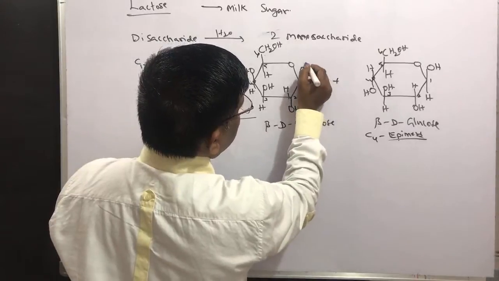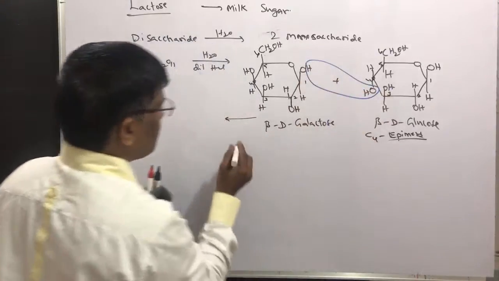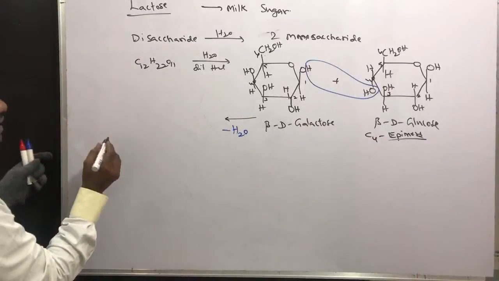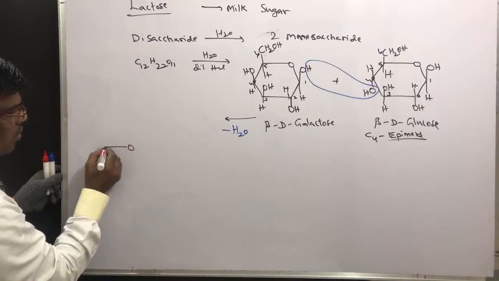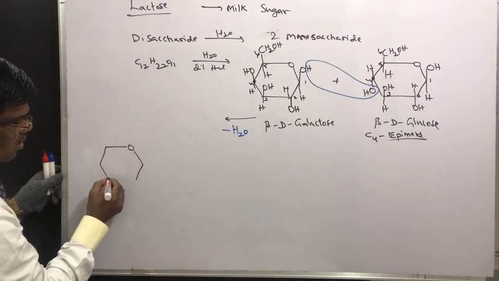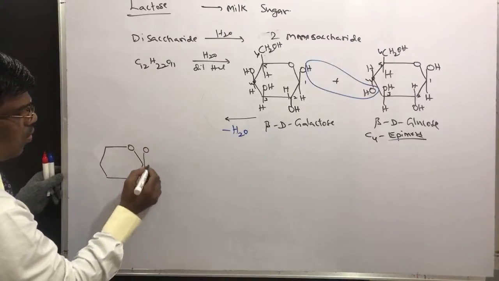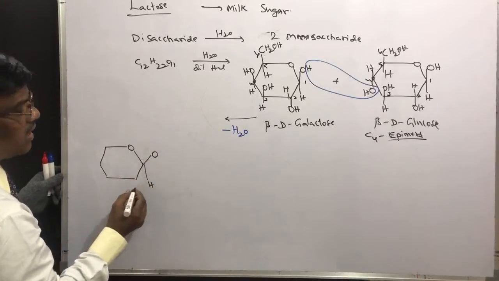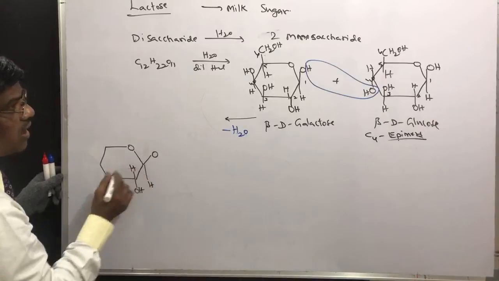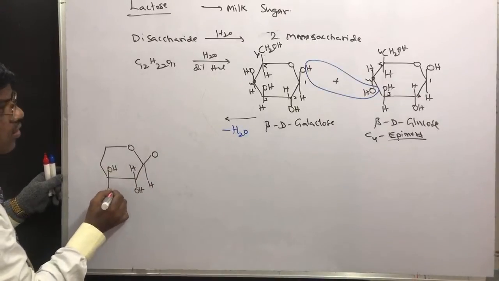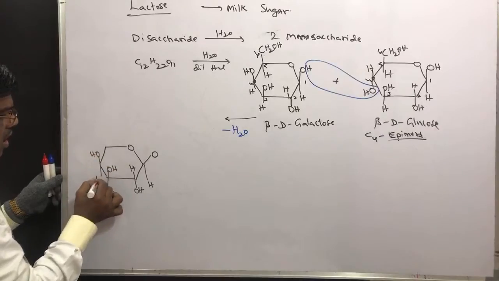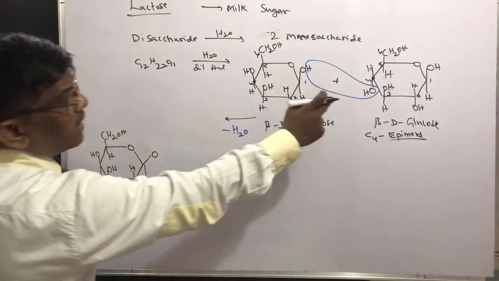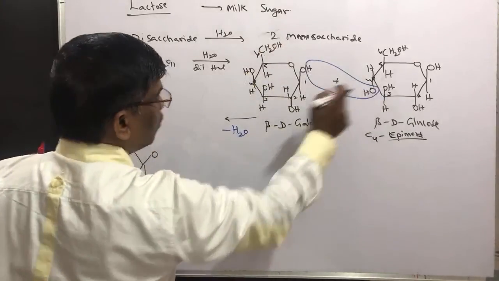It is going to lose a water molecule, minus water, to give, I can write like this, galactose, O, hydrogen is here, remaining OH hydrogen, OH hydrogen, and remaining CH2OH and hydrogen, and this is the fourth carbon.